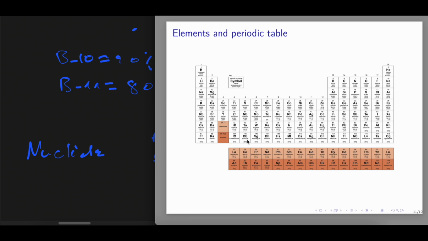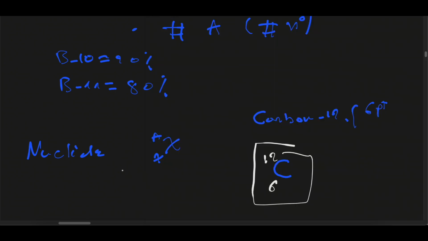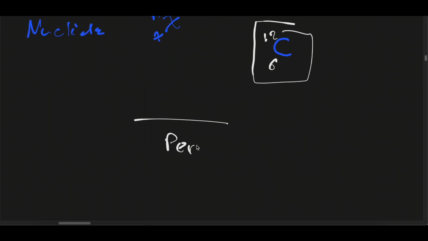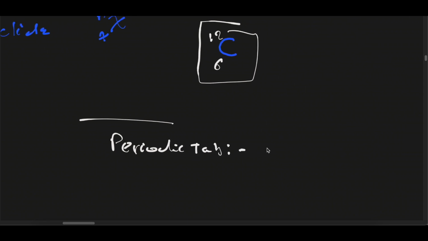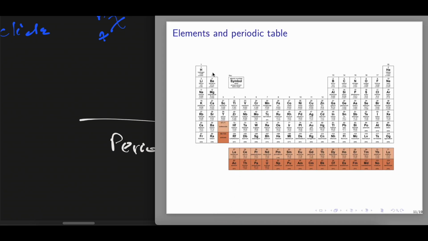Now, how are all the elements that we know organized? We use a chart that is called the periodic table, and in this periodic table all the known elements are found, and these elements are arranged according to their atomic number Z. So here we can see that the first element of this table is hydrogen, because it has an atomic number of 1.